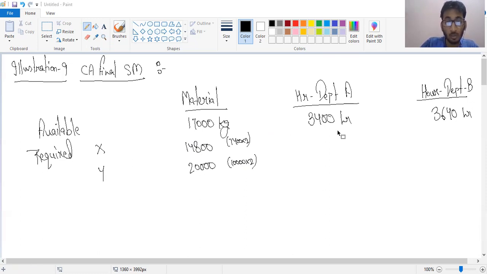In the same way, let's calculate the department A hours. Basically 7,400 multiplied by 0.5 and 10,000 multiplied by 0.3. For department B, 7,400 multiplied by 0.4 and 10,000 multiplied by 0.45.